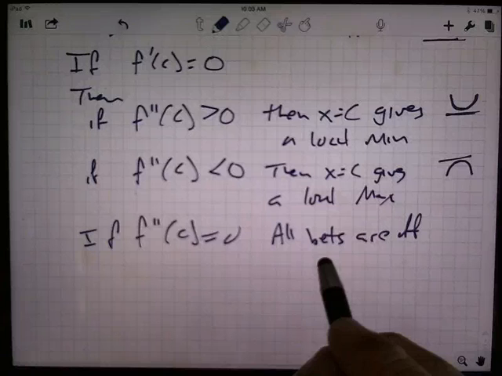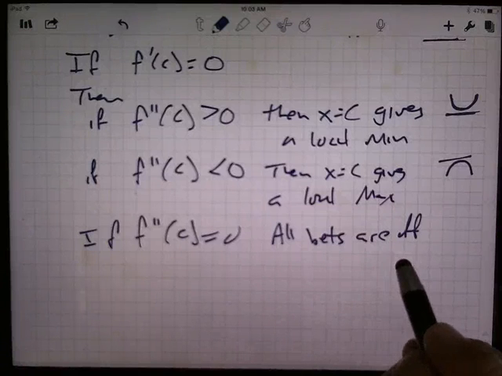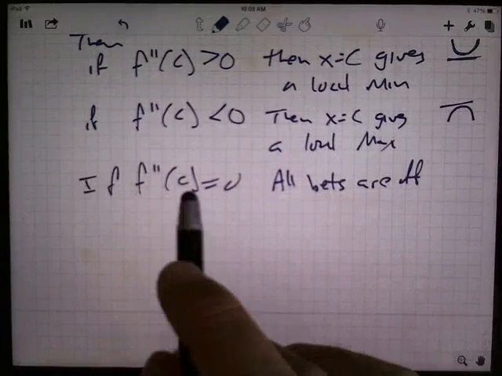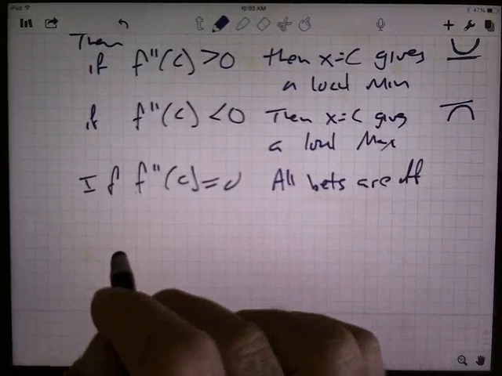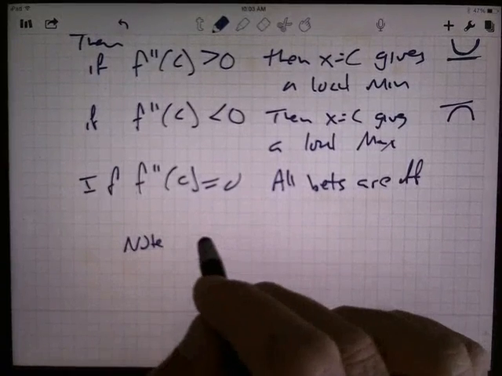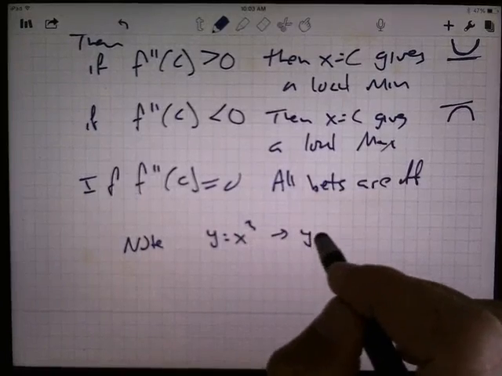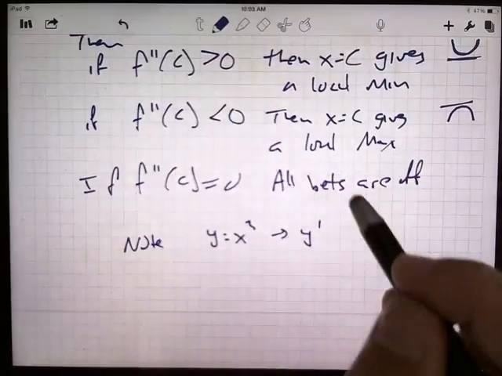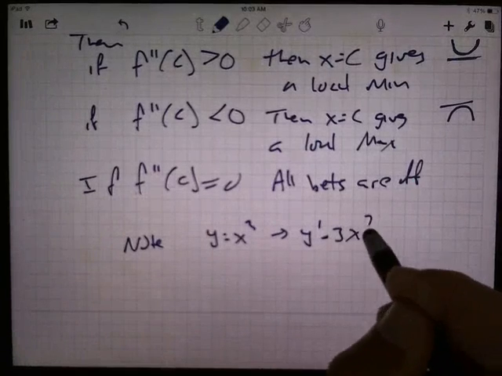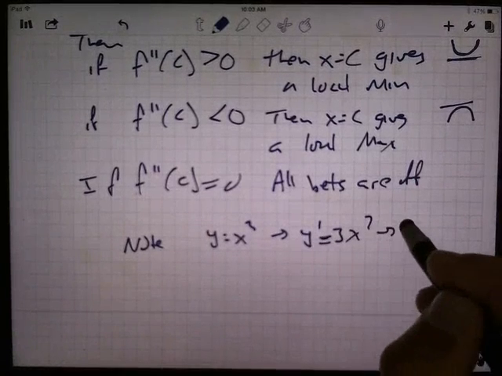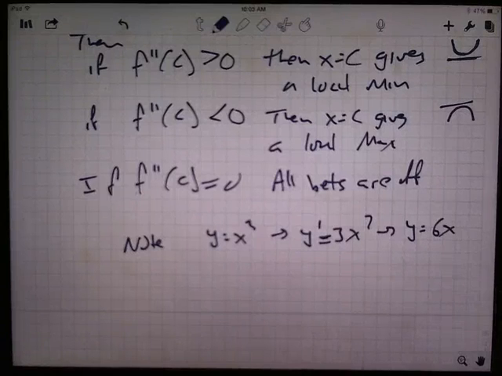A calculus text would probably say the test is inconclusive. Right? Let me point out here why all bets are off. Note, y equals x cubed. The derivative is 3x squared. The second derivative is 6x.